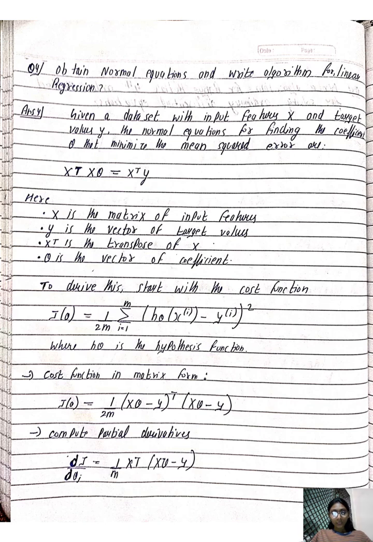Now, where h theta is the hypothesis function, the cost function in matrix form is J theta is equal to 1 by 2m, braces open X theta minus y, braces close to the power T, braces open X theta minus y, and compute partial derivatives as dJ by d theta j is equal to 1 by m into X transpose, braces open X theta minus y braces close.